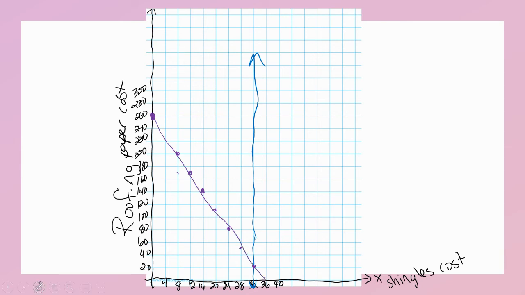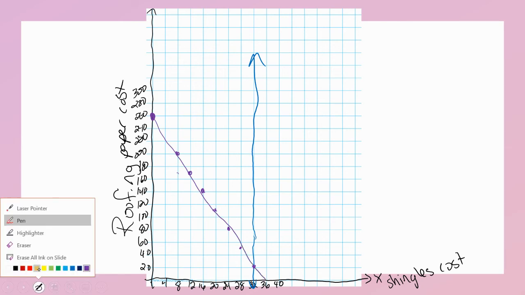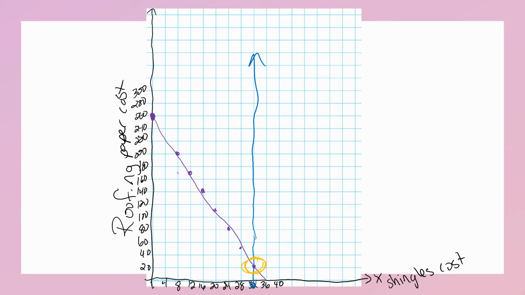And so there is my other graph, and I can see my solution here, and that ordered pair is 32, 20. And so remember, when we answer the question, we have to make sure we answer it in terms of what the question asked.